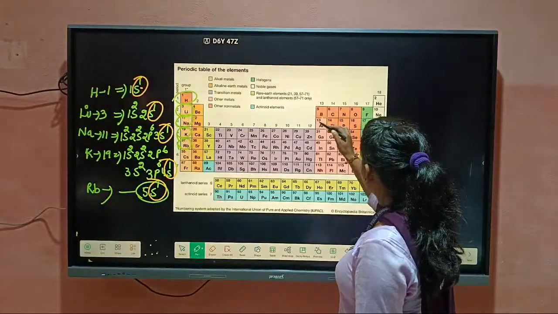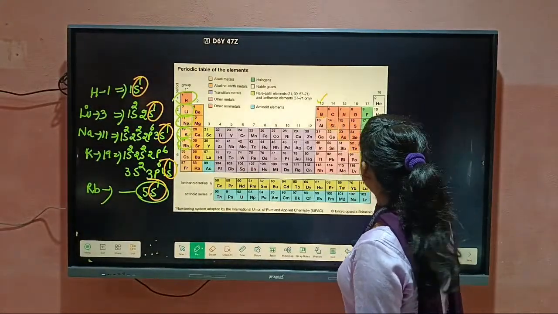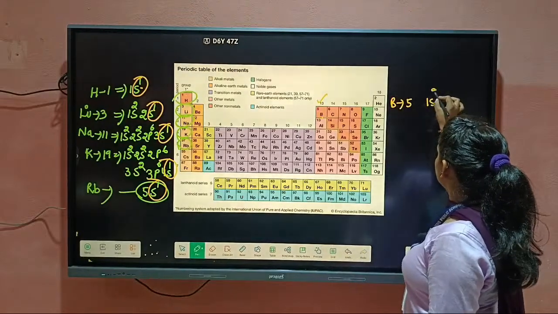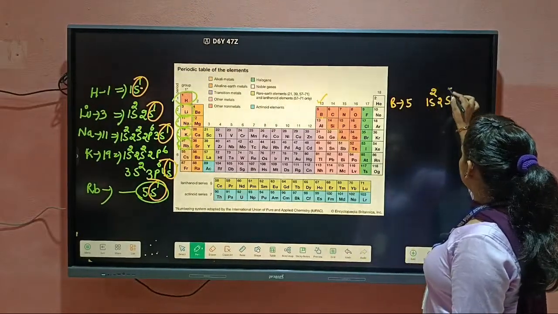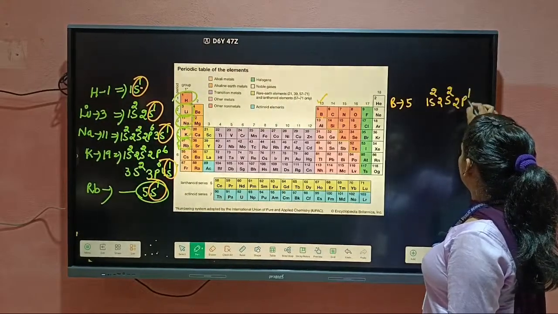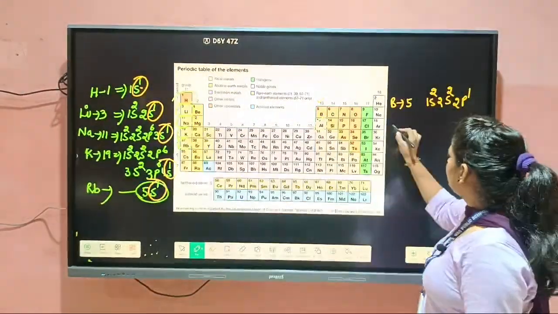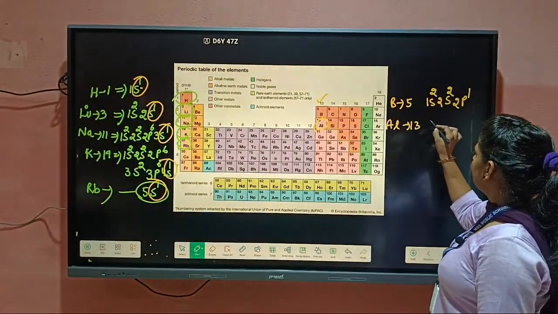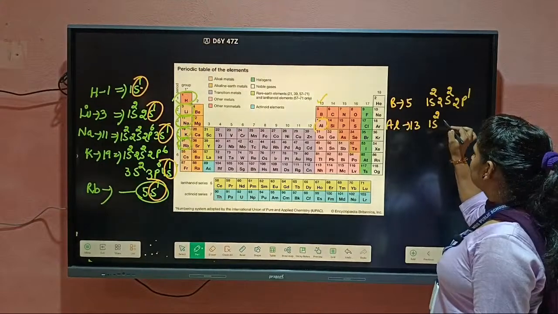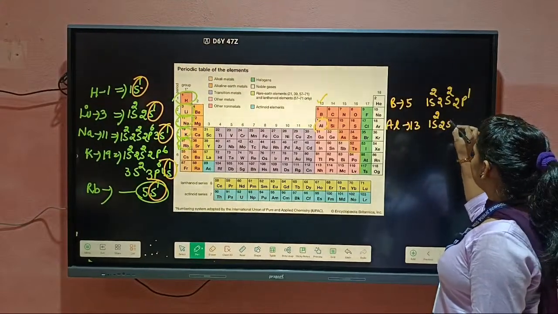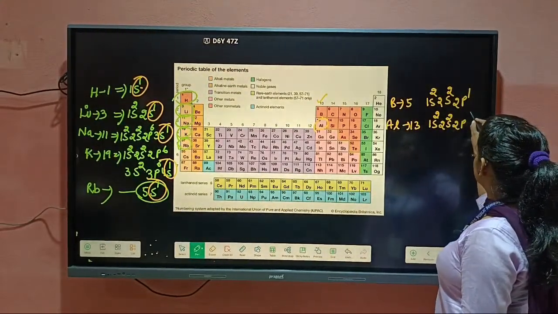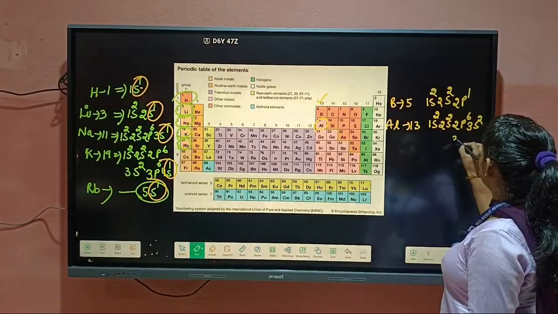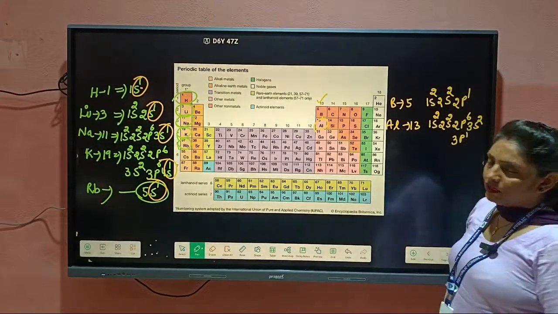In any other period you can see this too. For example, boron, atomic number 5: 1s2, 2s2, 2p1. Then aluminium, what is the atomic number? 13. So the configuration for this is 1s2, 2s2, 2p6, 3s2, 3p1.